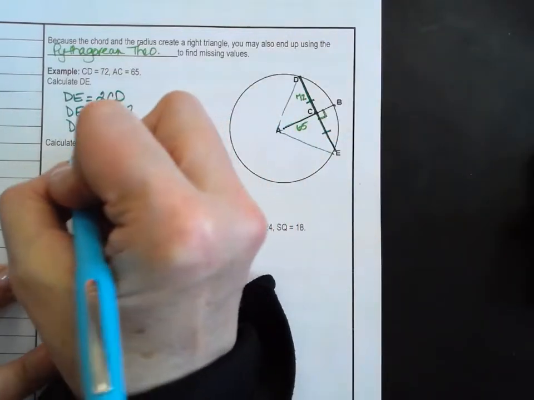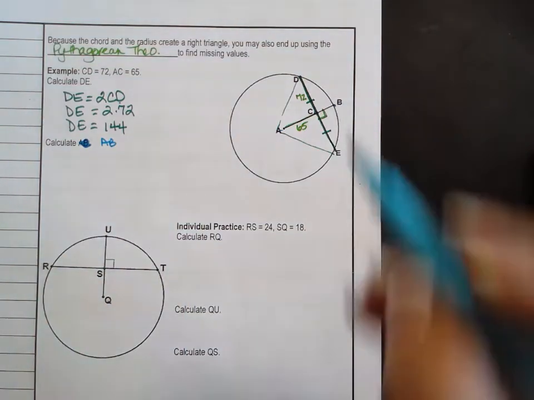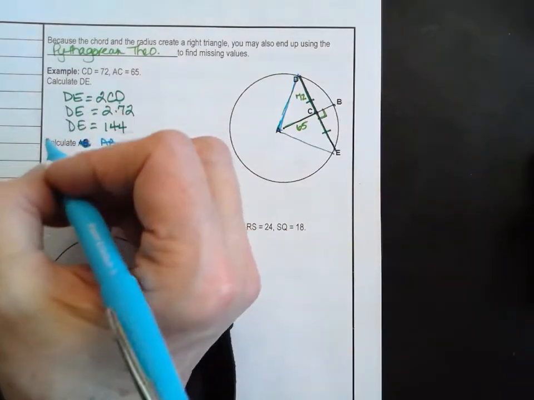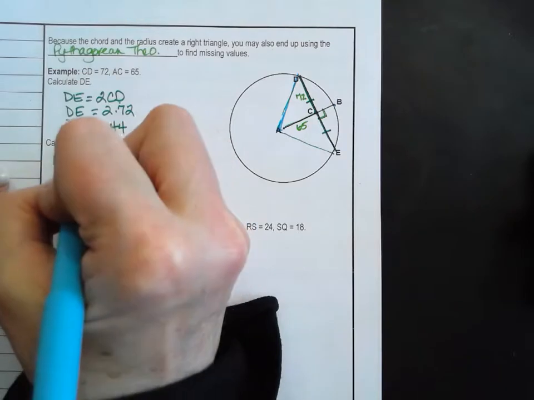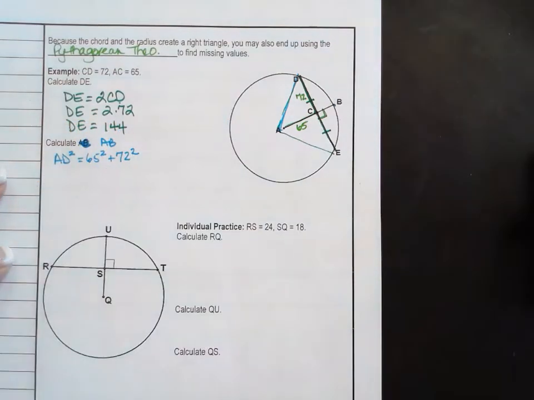Oh, I'm sorry. No. I'm thinking backwards. If I can find the length of AD, so AD squared is going to equal 65 squared plus 72 squared.